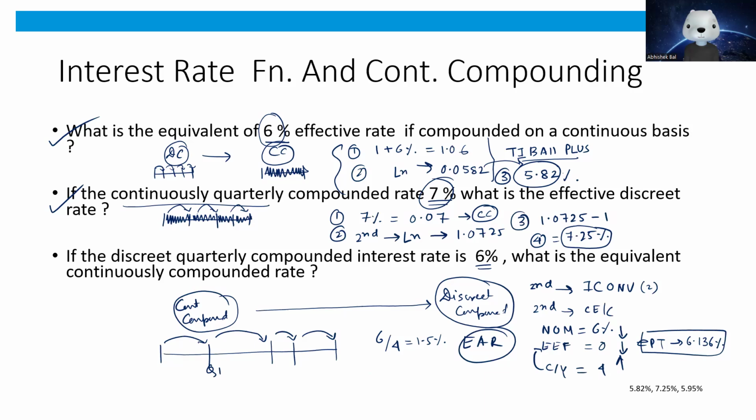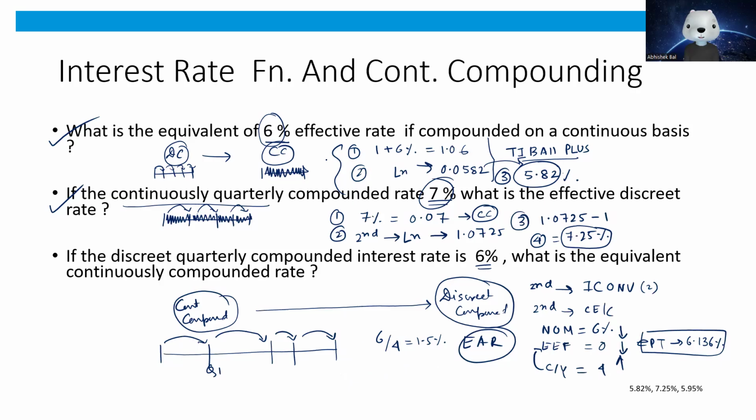Okay, sounds fuzzy? Well, live with it. So now we have solved the first part of the problem. The second part of the problem is to convert this into the continuous rate.